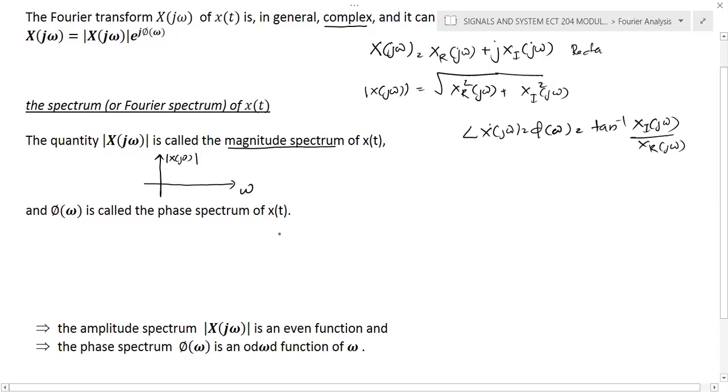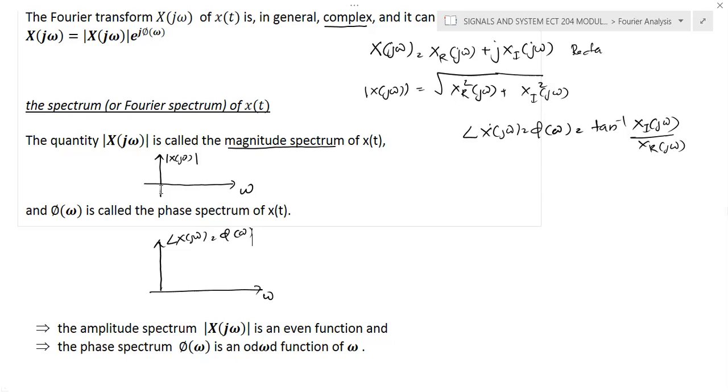And the phase spectrum means in the x-axis we take omega, and in the y-axis the angle of X of j omega, or phi of omega. So angle versus omega, here magnitude versus omega. These two graphs are collectively known as the spectrum of a signal. That's a frequency domain representation, or we get a graphical view of the frequency domain.